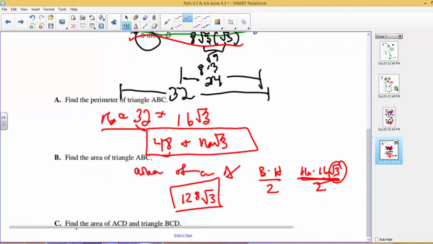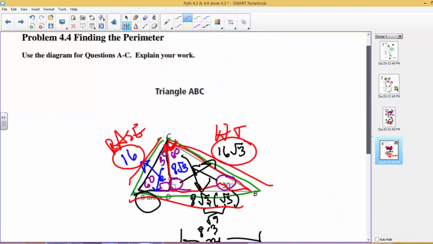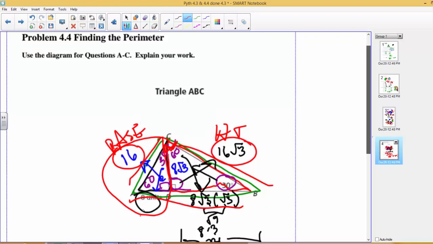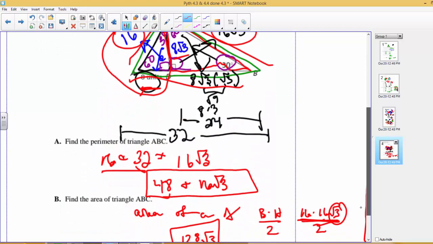The last question says find the area of ACD and BCD. Okay, so ACD is this little triangle right here. So in the little triangle, the base is 8, and the height is 8 root 3, because again, you're looking at the two legs of the triangle.